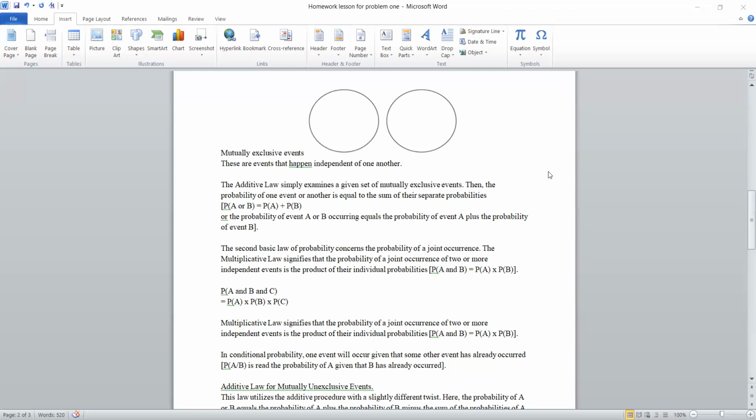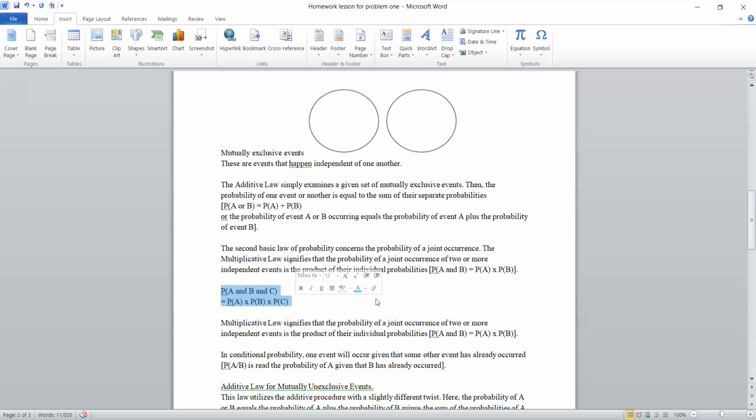We could have more than 2. We could have A, B, and C. All right, and as you can see from the formula right here, probabilities of A and B and C. So we could talk about a coin flip. What are the probabilities that I get heads, heads, and tails?